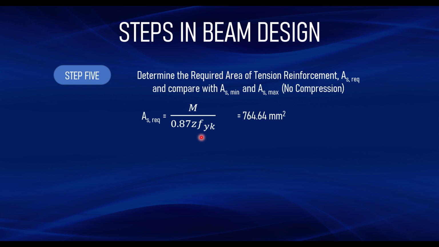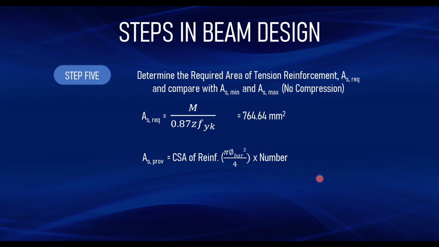We now have to provide a reinforcement that is slightly higher than this required area of reinforcement. The formula for providing reinforcement for a beam is equal to the cross-sectional area of reinforcement, which is pi times diameter of bar squared over 4, multiplied by the number of reinforcement you want to have.